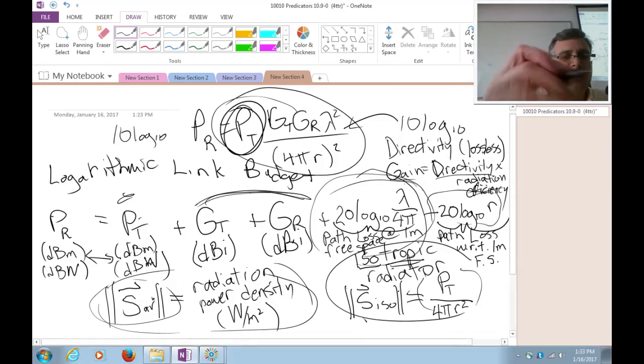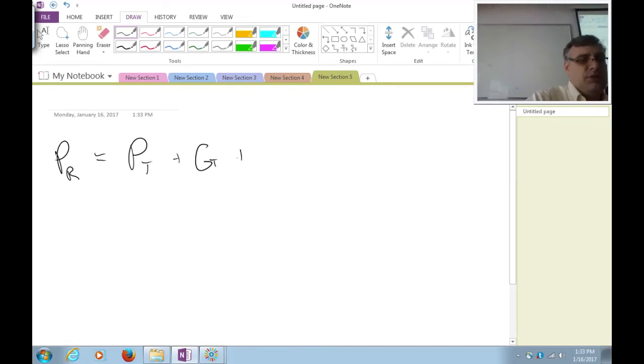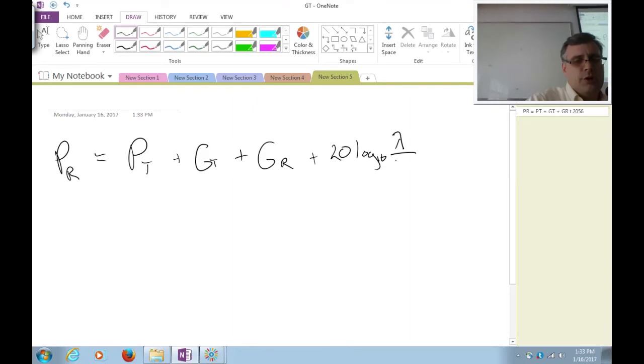Okay, so let me write the clean version of this on the next slide. We have P sub r is P sub t plus G sub t plus G sub r plus 20 log base 10 of lambda over 4 pi. You can spend a couple of weeks just talking about this beautiful equation.